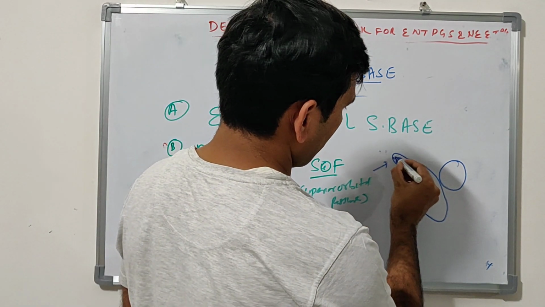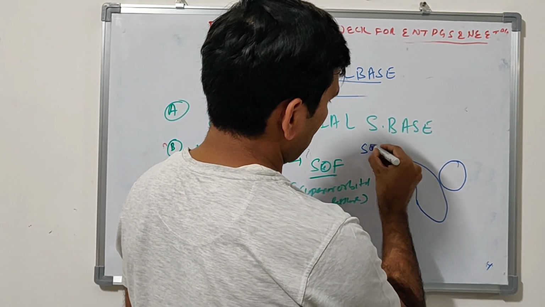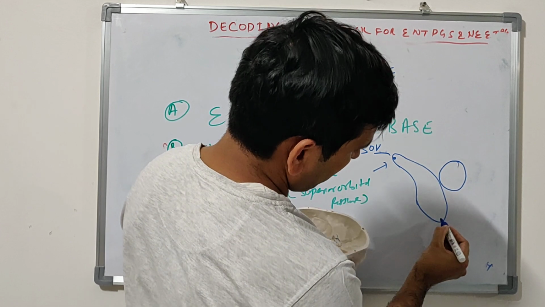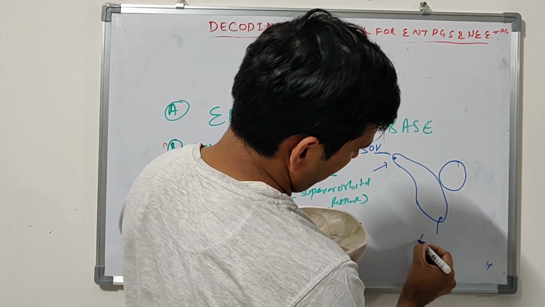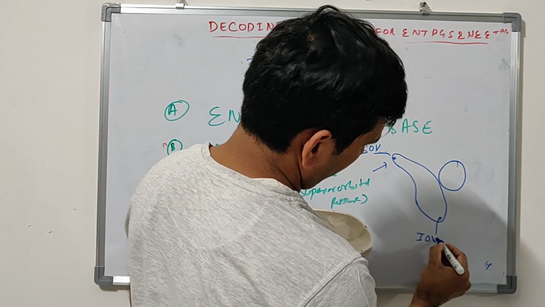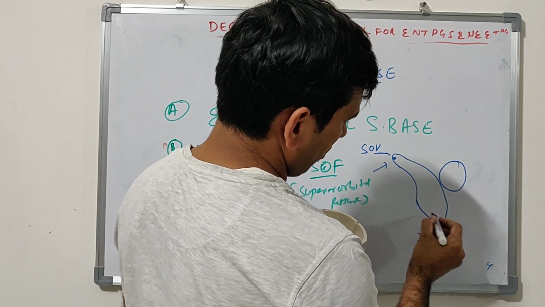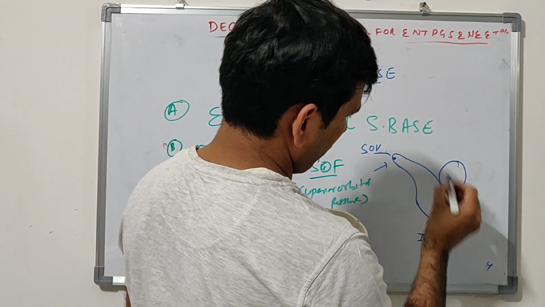Most superiorly passes the superior ophthalmic vein, and most inferiorly and medially the inferior ophthalmic vein.